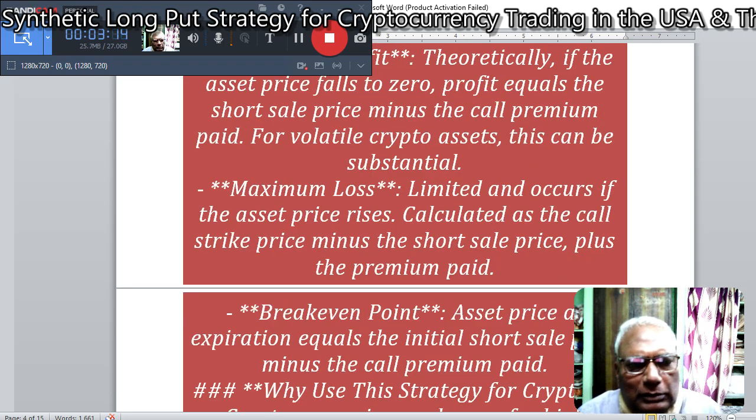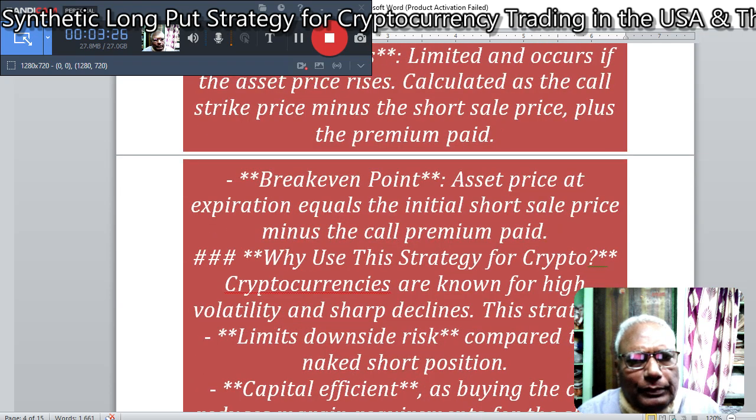Maximum loss is limited and occurs if the asset's price rises, calculated as the call strike price minus the short sale price plus the premium paid. Break even point: asset price at expiration equals the initial short sale price minus the call premium paid.